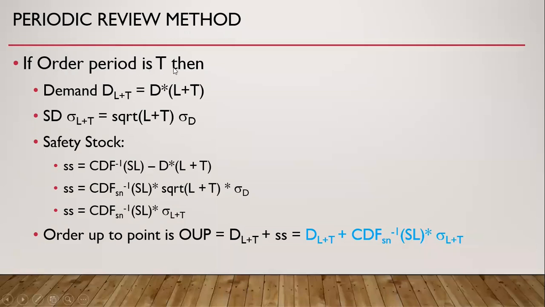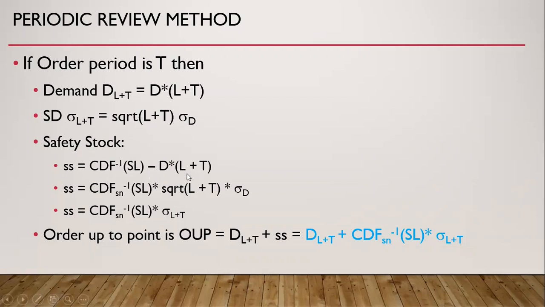So if the order period is T, then demand is the sum of demand during the lead time plus the period of review. So it is D multiplied by L plus T. And standard deviation is the square root of L plus T multiplied by the standard deviation of demand during each period. And the safety stock is given as this.